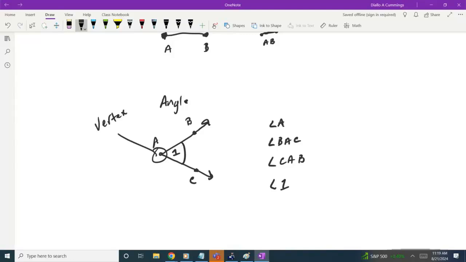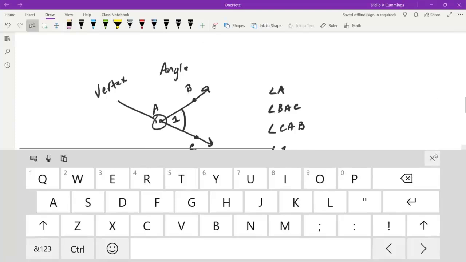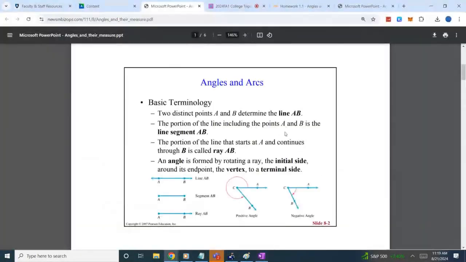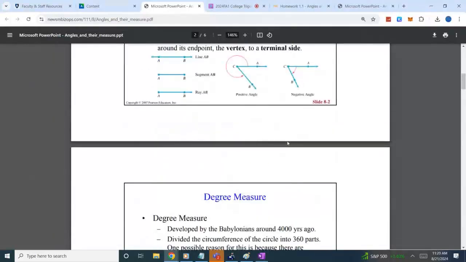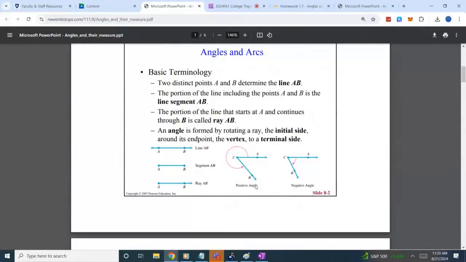Now, as far as angles are concerned, let's bring up the slide for a second. We have what are called positive angles and what are called negative angles. All of our angles are considered to be in standard position, right? So we don't really call them rays.